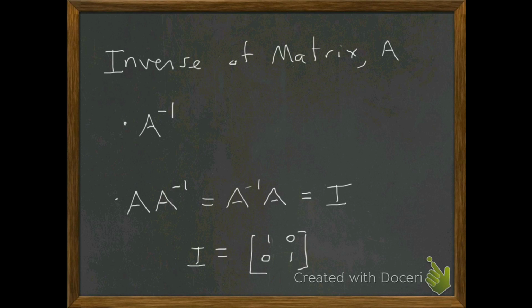Now let's actually look at a matrix here, and let's say we have 1, 5, 9, 2, 10, 18, 3, 7, 11, and 4, 8, 12.